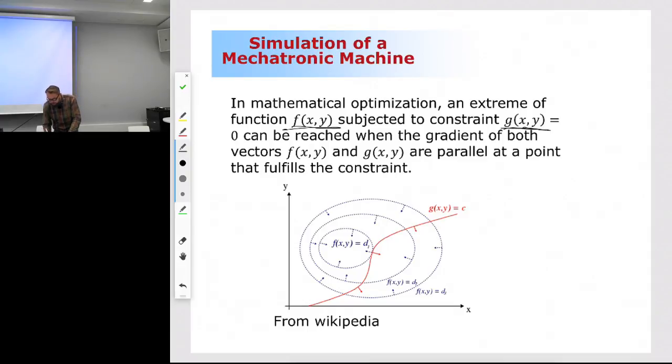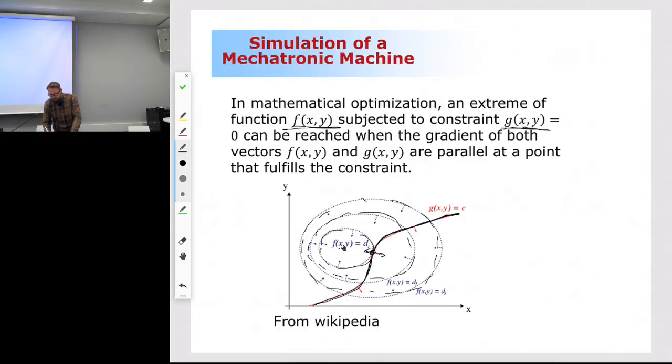And when the gradients are in the same location, like in this particular location... this is a 2-dimensional representation of a hill. So this is my function f. These are the hills. The highest point of the hill is probably somewhere here, and my red curve here is a constraint. I want to find the highest possible location on this hill such that the constraint is fulfilled.